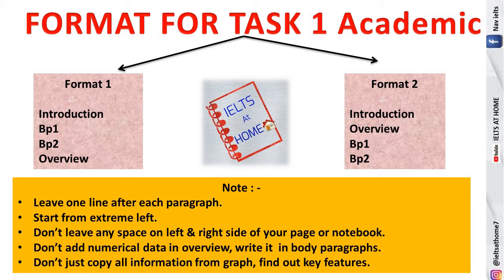You just need to mention the highest, lowest, or the key feature in the overview. Don't just copy all information from the graph. Find out the main features and explain them. And also don't add any extra or new information in the overview, or your assumptions, your knowledge, or your predictions.